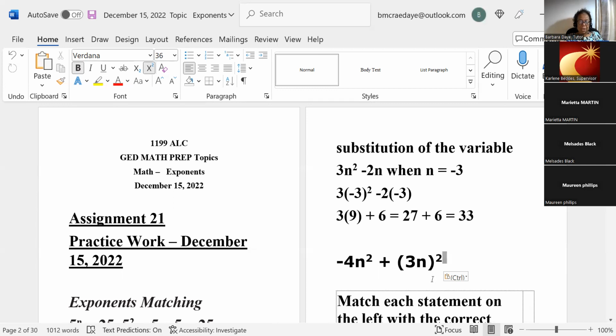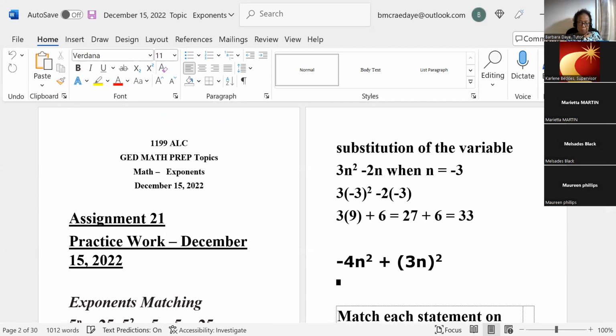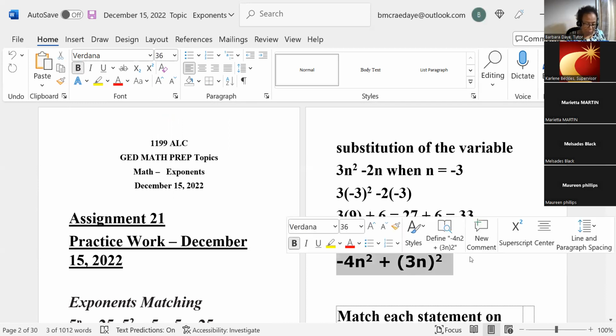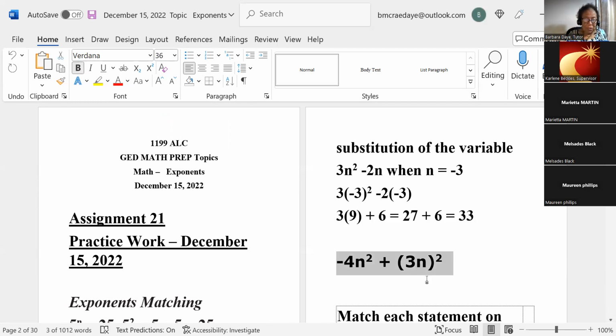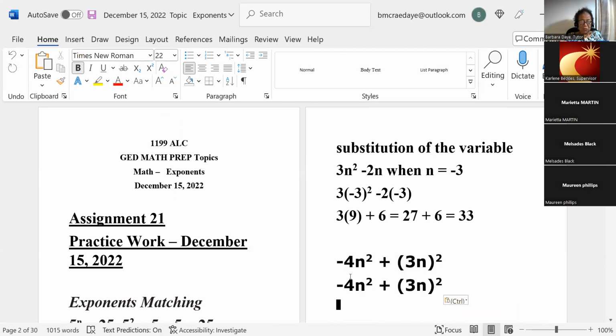Now 3n to the second is what, Mercedes? 3n second would be plus 8 to the second power? No, no. Let me just copy that. Now, -4n to the second remains as it is.